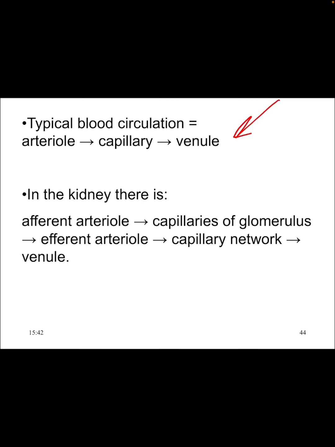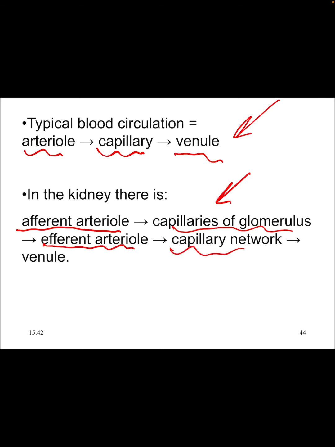Very important. In typical circulation, we have arteriole, capillary, venule. However, in the kidney, we have the afferent arteriole, then the capillaries of the glomerulus in the renal corpuscle, then the efferent arteriole, then another set of capillaries is formed from the efferent arteriole, and these then go to the venules.